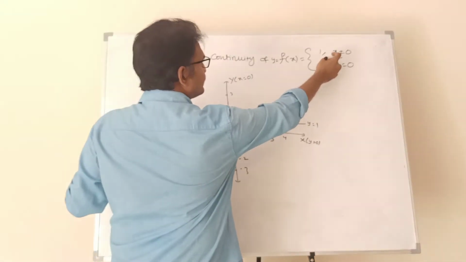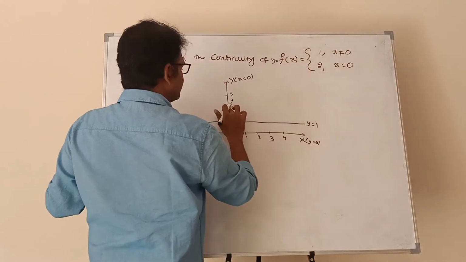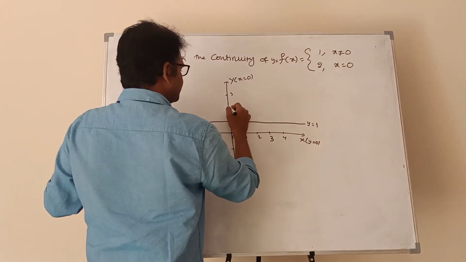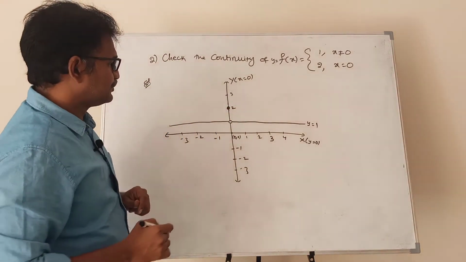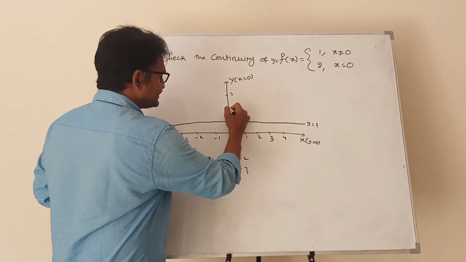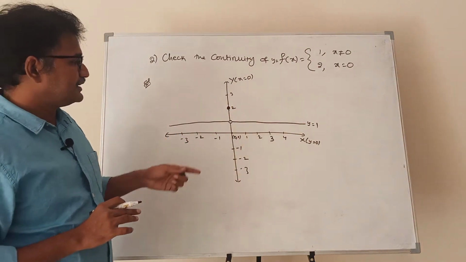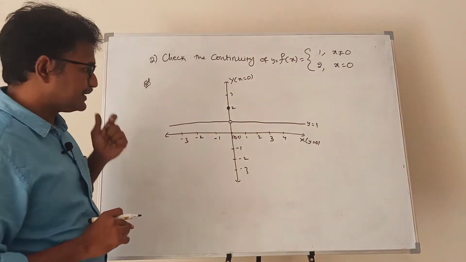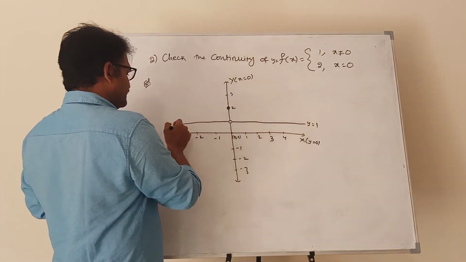But at x equal to 0, what is the y value? 2. At x equal to 0, the y value is 2. We have to mark a bubble like this. Therefore, this is the shape of the graph. Is it a continuous function? No, because to draw this graph on the left side of the y-axis, you need not lift the pen.